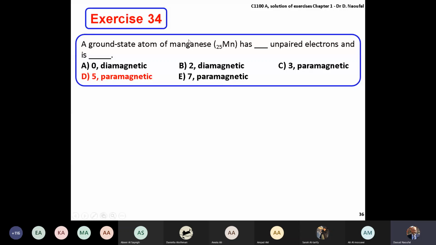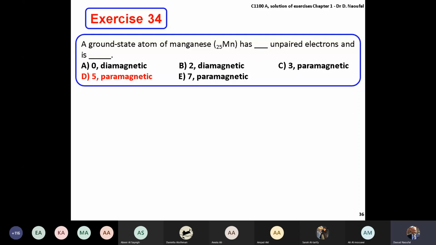What is the meaning of diamagnetic or paramagnetic? An atom or species is paramagnetic if the electronic configuration contains at least one single electron. We can have 5, 6, 7, 2, but the condition is to have at least 1. This is paramagnetic. And diamagnetic means that in the electronic configuration we don't have single electrons.